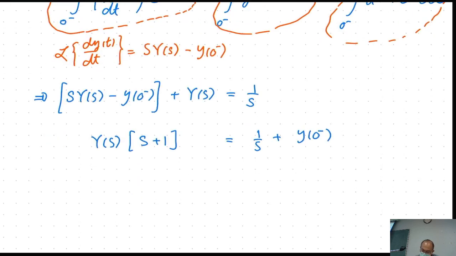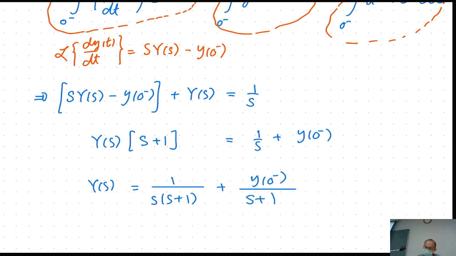And so Y(s) equals 1 over s times (s plus 1), plus y(0 negative) over (s plus 1). Now we have arrived at Y(s). The next thing to do is to figure out what y(0 negative) means.